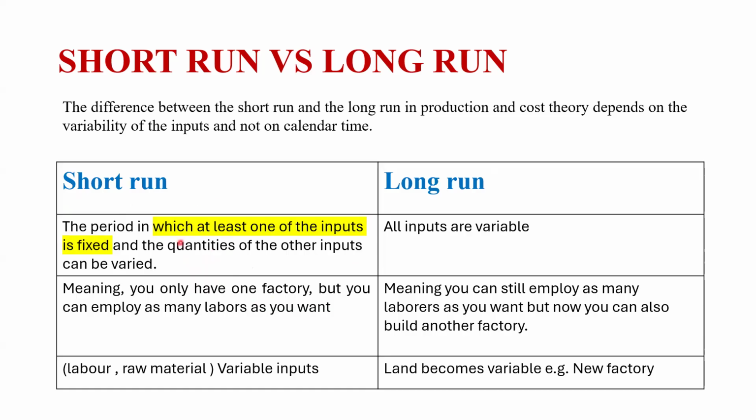So in the short run, at least one of the inputs is fixed. Between labor and capital, that input will be your capital. Because we're just focusing on labor and capital, we're looking at the quantity produced as a function of labor and capital only.